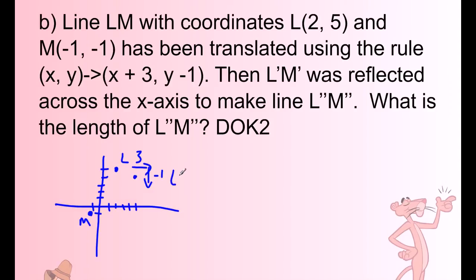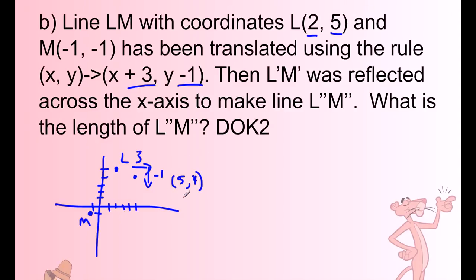So I'd be at the point 5. Oh, not 5. Yeah, 1, 2, 3, 4, 5. I was right. 5, comma, and if I went down 1 here, I'd be at 4. And look, the x unit went up by 3, the y unit went down by 1. That's what this rule shows.